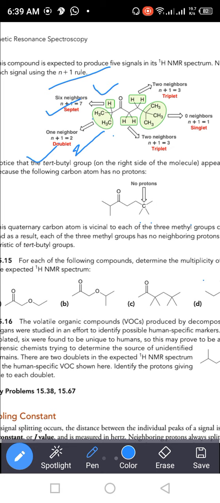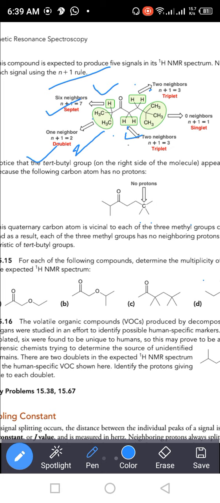And now look at these 2 protons. These 2 protons have neighbors, 2 protons. So this is a triplet. 2 protons having the triplet. Why?